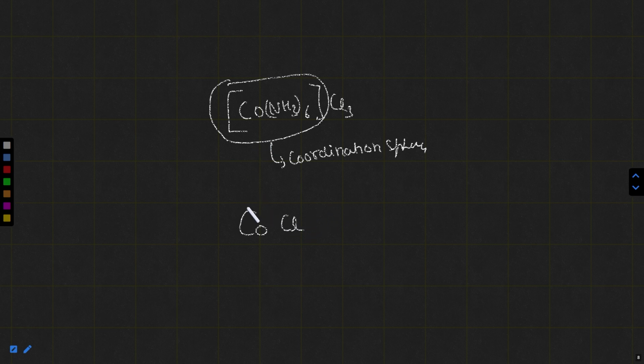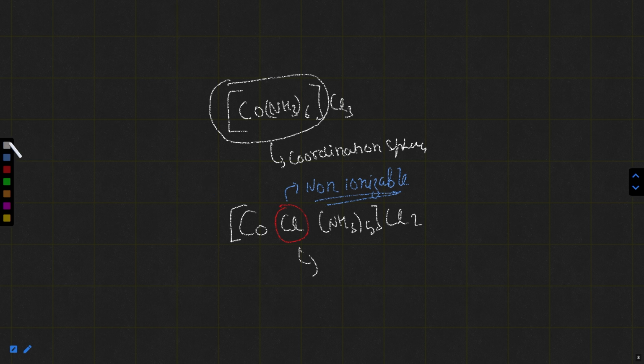As this Cl gets inside the bracket due to one less ammonia, as an outcome this Cl becomes non-ionizable, whereas the other remaining Cl were ionizable.